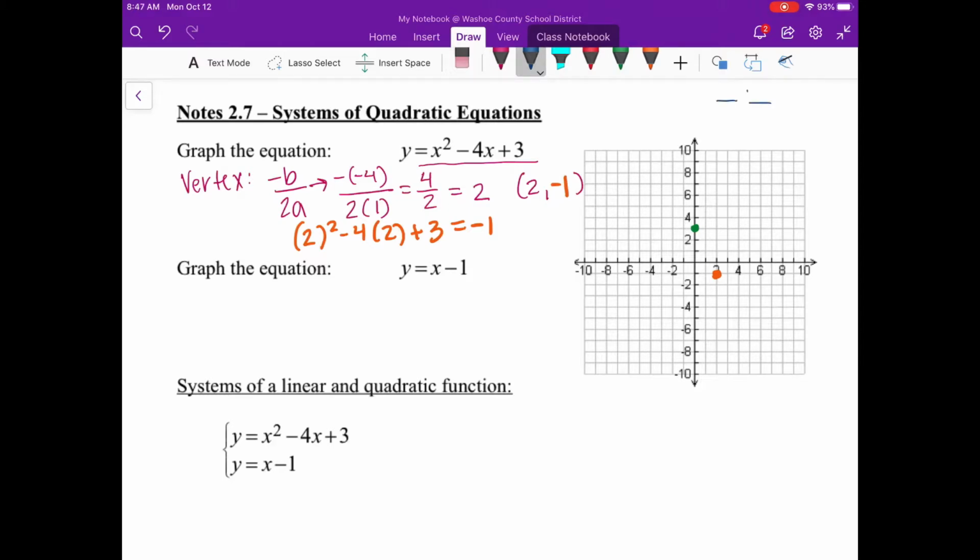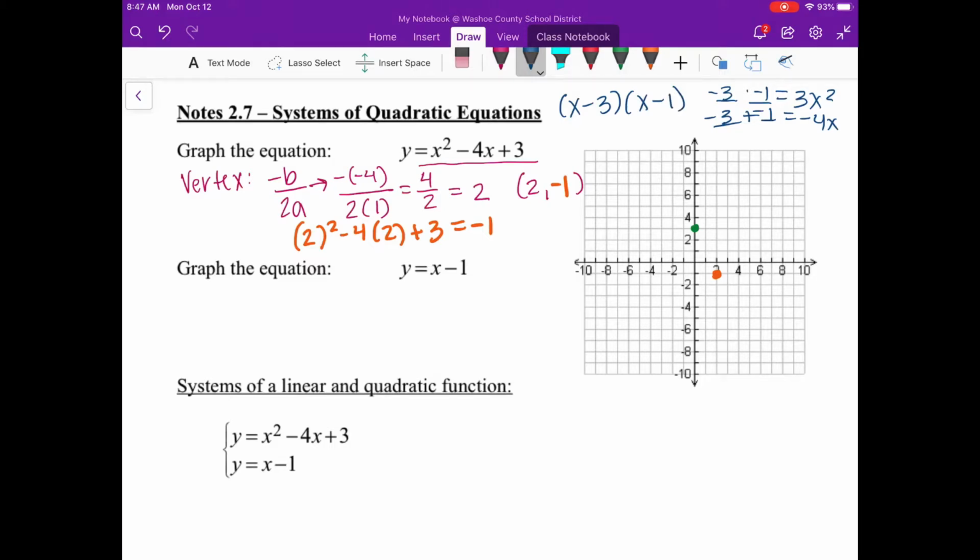So what two numbers multiply to give me 3, but also add up to give me negative 4? Okay, so the only way to get a positive product but a negative sum is if they are both negative, which means my factors are x minus 3 and x minus 1.